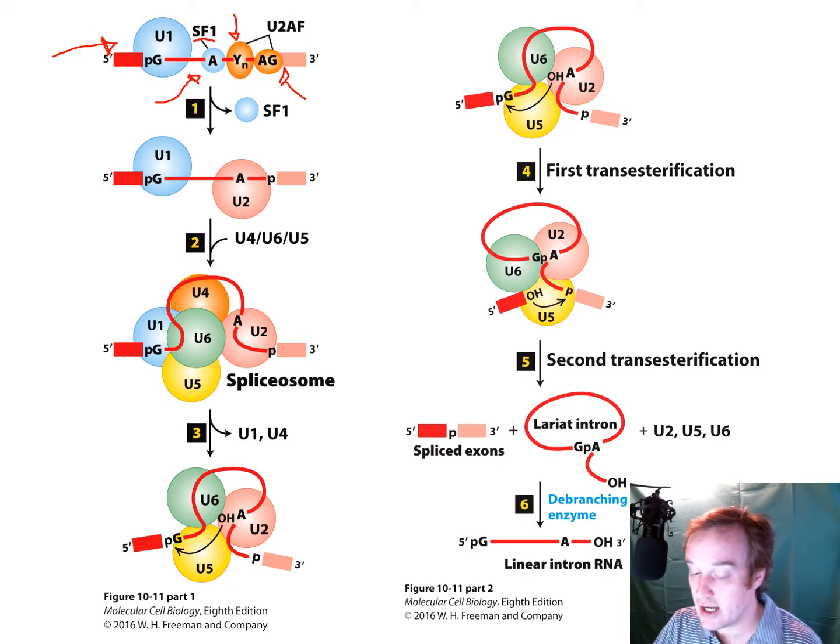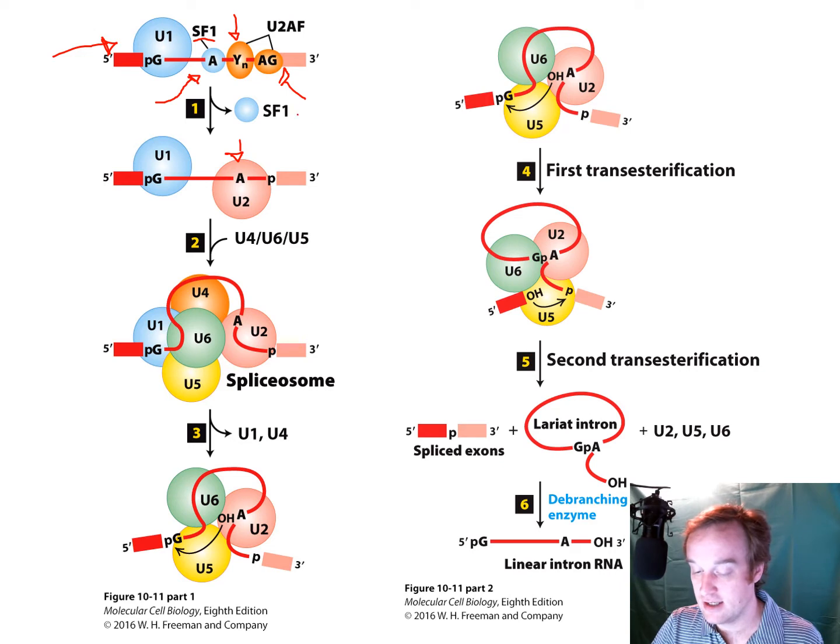We have step 1. In step 1, the U2 snRNP comes in and it associates with that polypyrimidine tract and the conserved A site, and it displaces SF1.